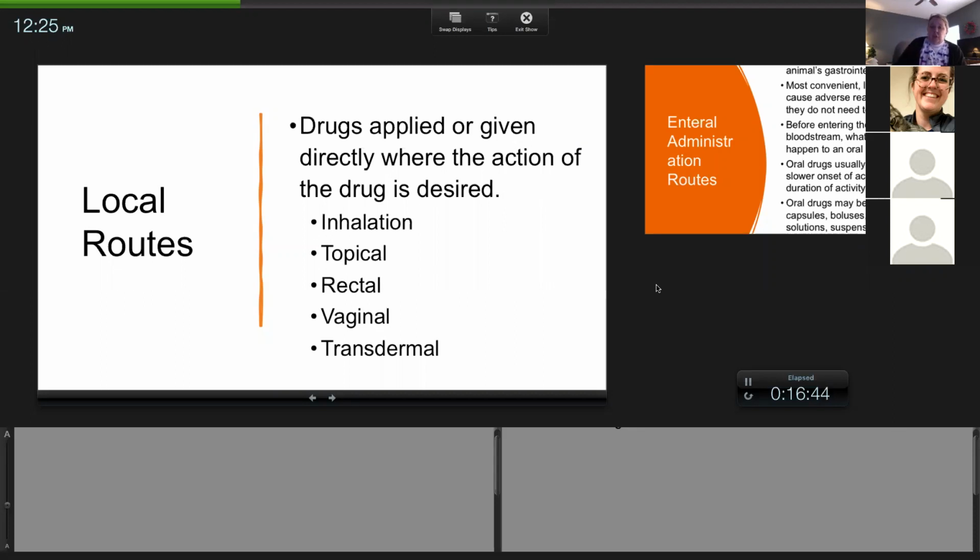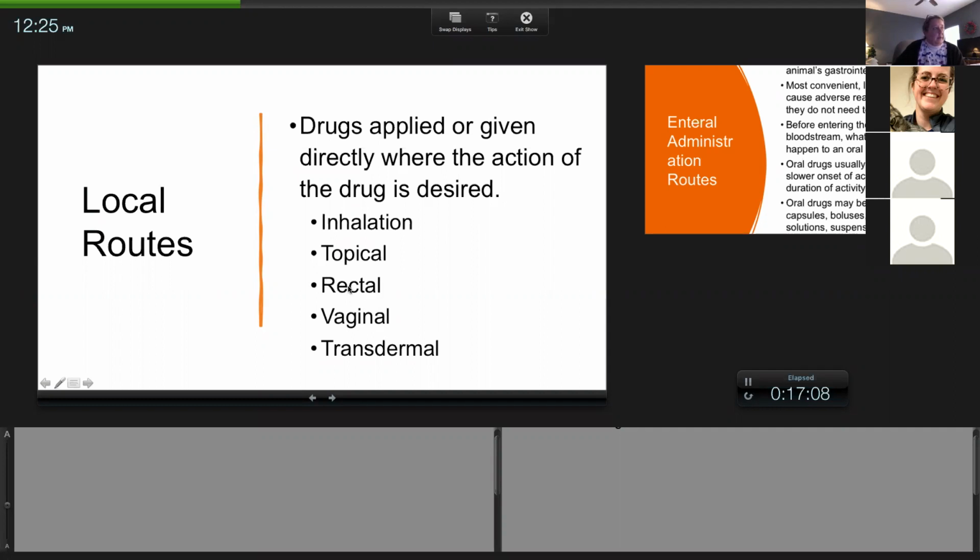So for some medications that are transdermal, even though you're applying it locally, the effect is systemic. Unless you're putting something like antibiotic ointment on a wound, then you're putting it on that area. And then we can also do some medications rectally, vaginally.